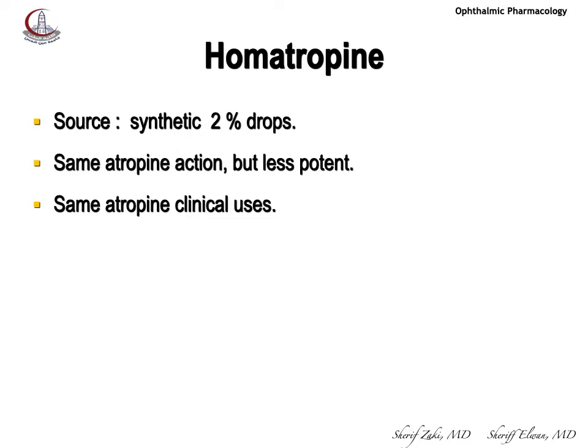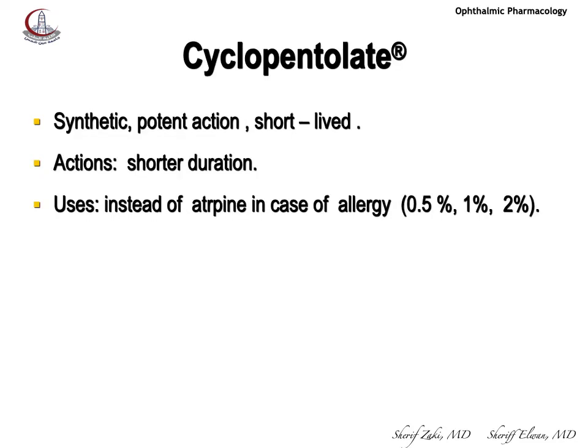Another drug with atropine-like action is homatropine, which is a synthetic, 2% drops. It has the same atropine action, but with less potency, and it has the same clinical uses of atropine. Now, cyclopentolate is another parasympatholytic drug that is synthetic in nature, with potent but short-lived action of a shorter duration.